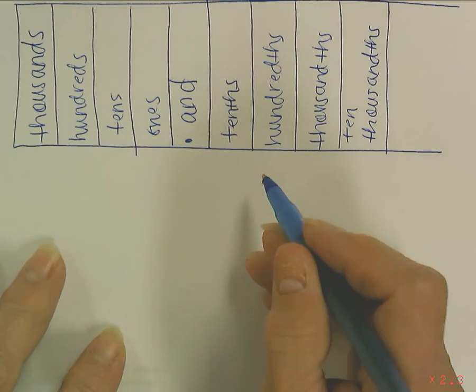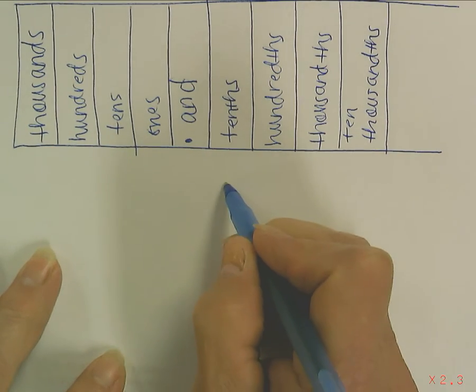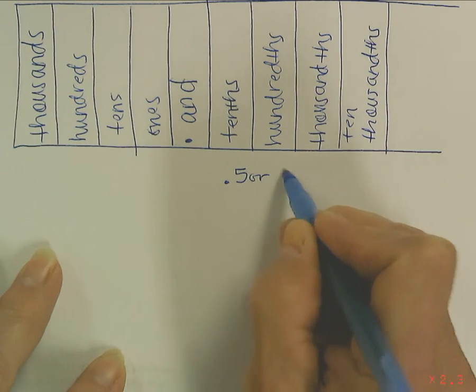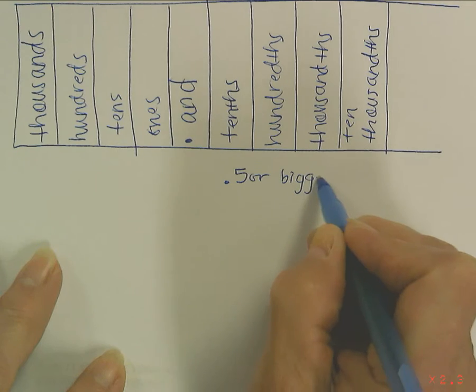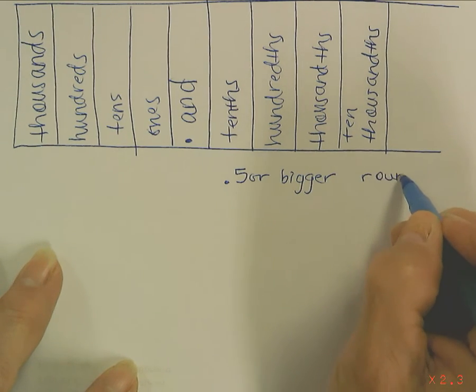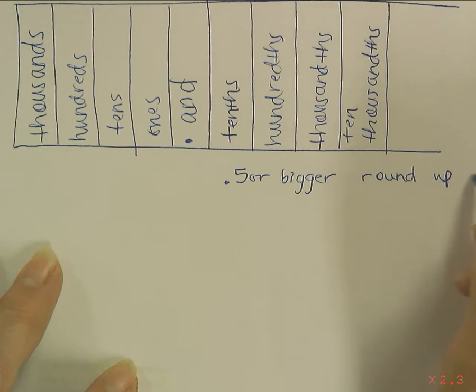And the 2 main rules you need to remember for rounding is if a number is 5 or bigger, 5, 6, 7, 8, or 9, 5 or bigger causes you to round up.